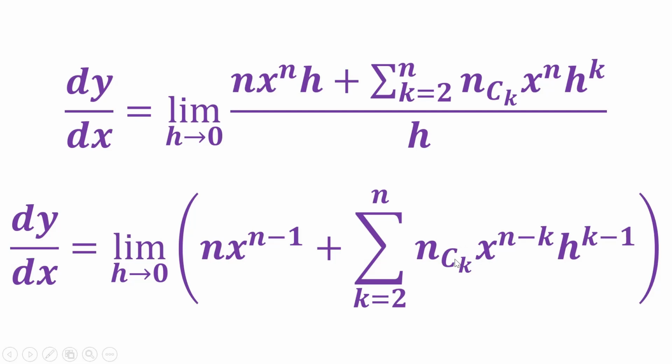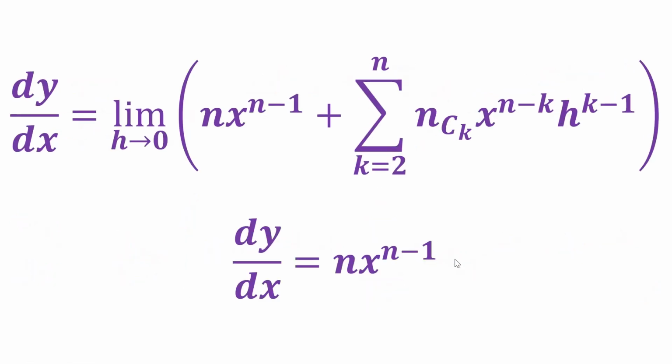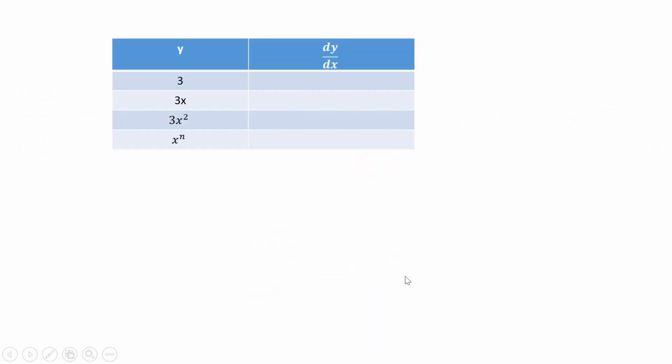So that means that by taking the limit, this term will vanish and we'll be left with dy dx equals n x to the power n minus 1. So we are there. This is the power rule of differentiation.